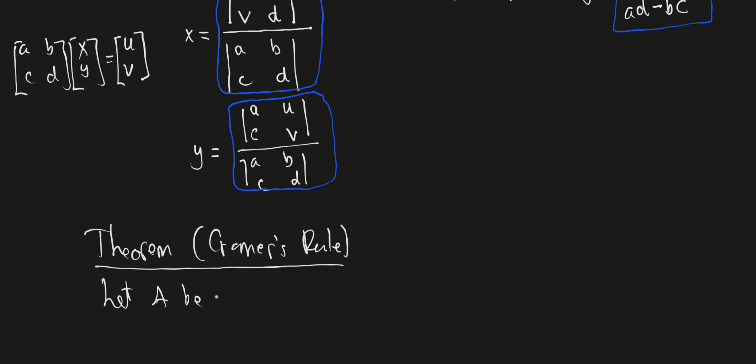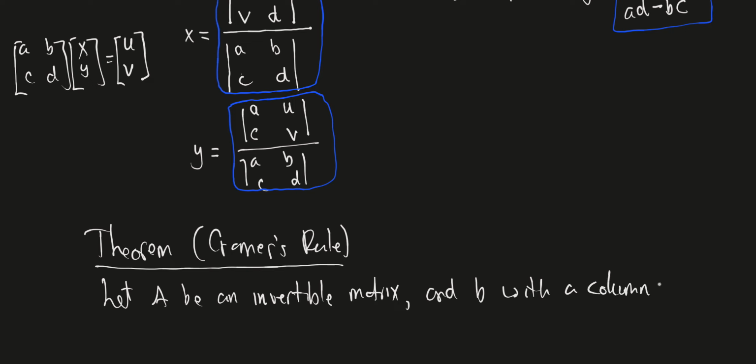Let A be an invertible matrix, and B be a column matrix, or column vector, with n components, or n entries. So A is n by n and B is n by 1.